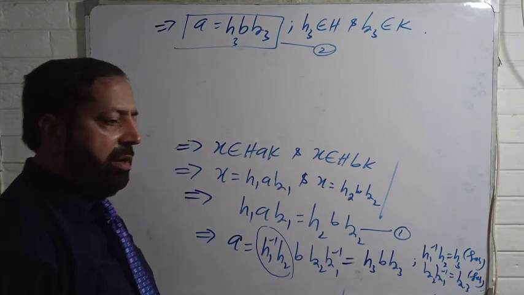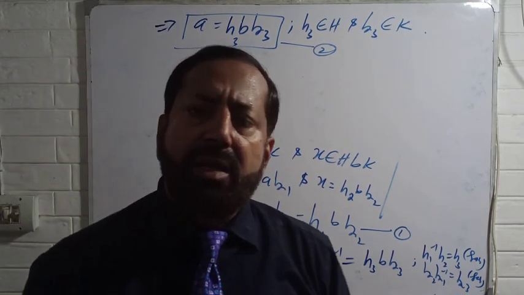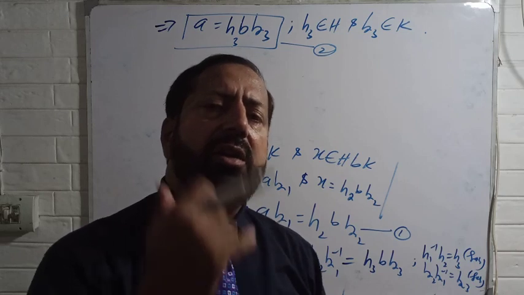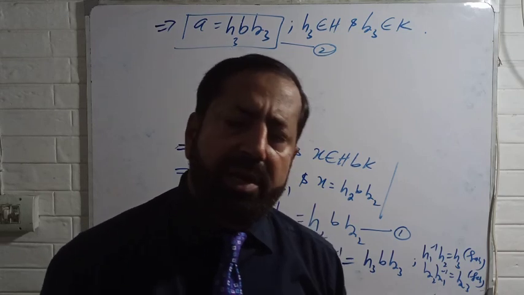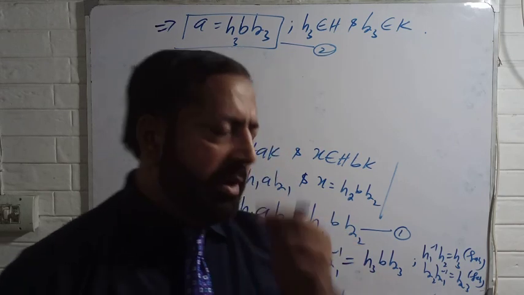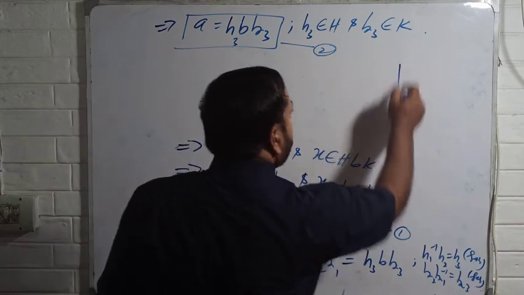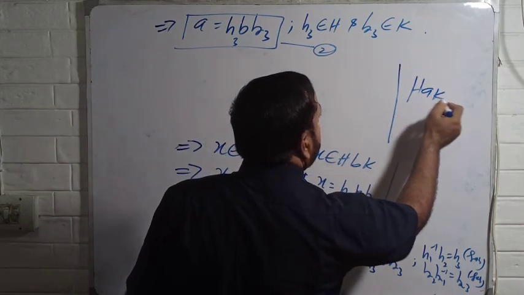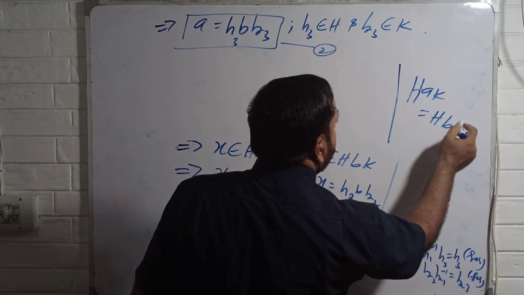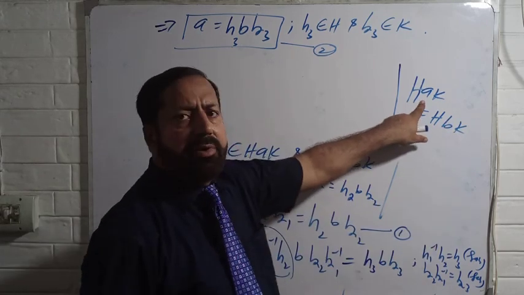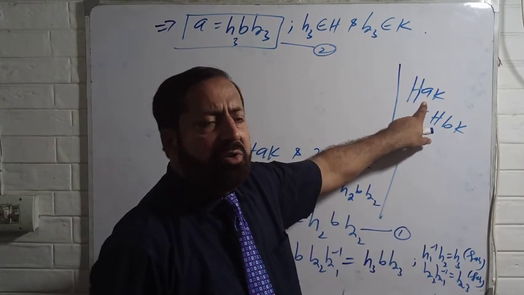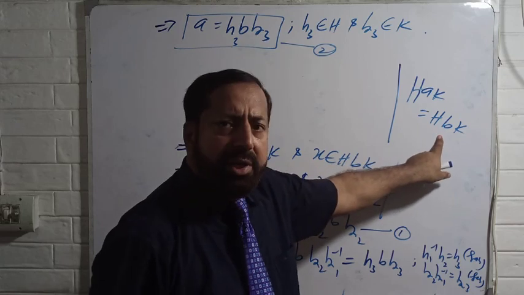Now I have a ground to show any arbitrary element of HAK as an element of HBK. Our idea is to show that HAK is equal to HBK. So take an arbitrary element of HAK and show that it is an element of HBK as well.